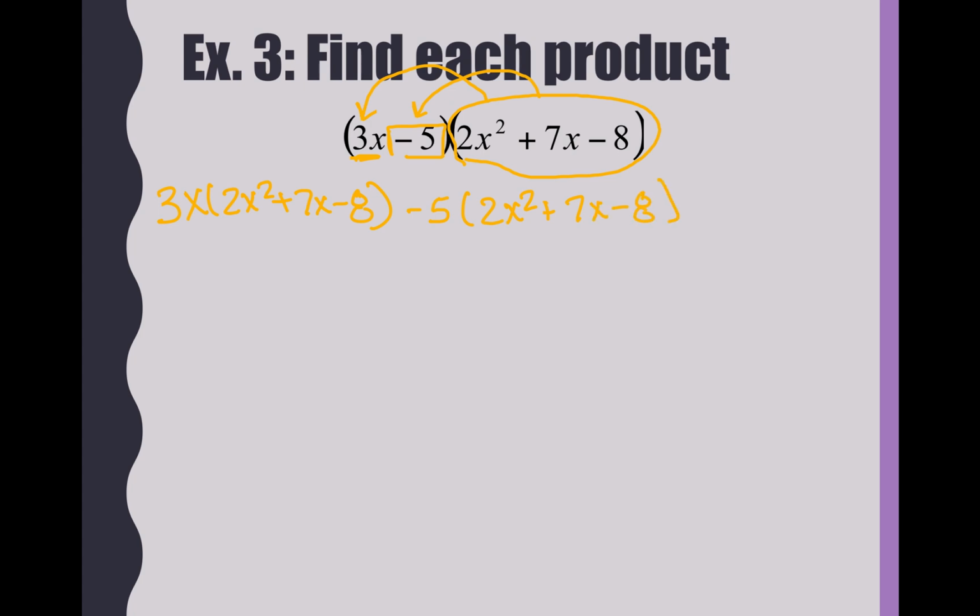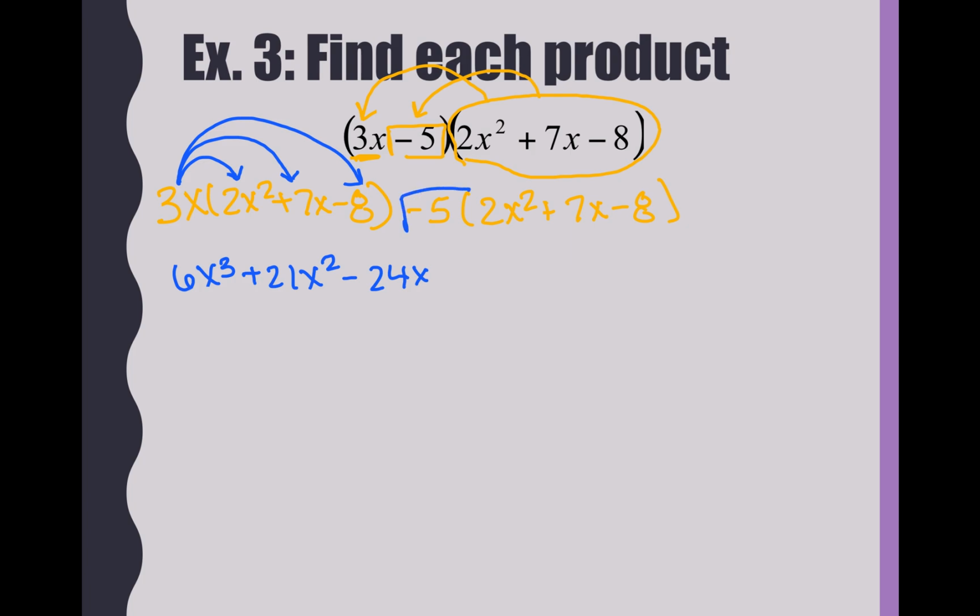Okay, and then taking a look at this, I have to use the distributive property even more, distribute the 3x to the 2x squared. When I multiply those, I get 6x cubed. Then 3x times 7x is a plus 21x squared. 3x times negative 8, negative 24x.